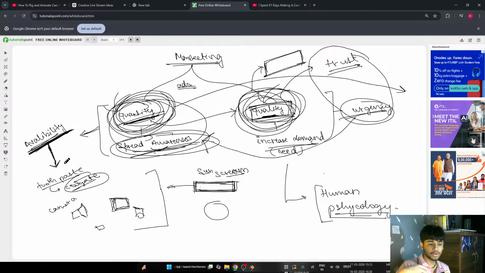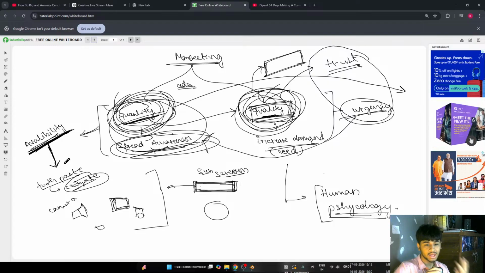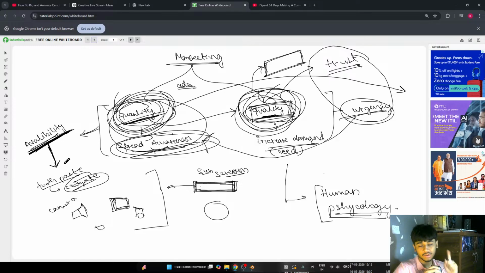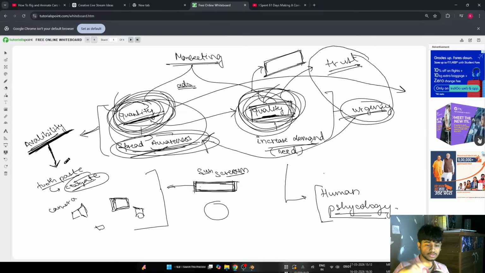I am aware of many other teaching companies, like it's not just Physics Wallah, it's also Unacademy, Byju's, Allen, but the trust is built on only one, and that is Physics Wallah. They're very good at spreading awareness, but also at the kind of trust, the quality, and the urgency they built.